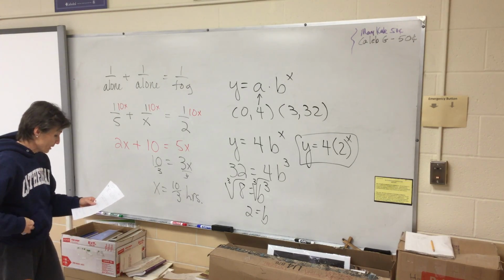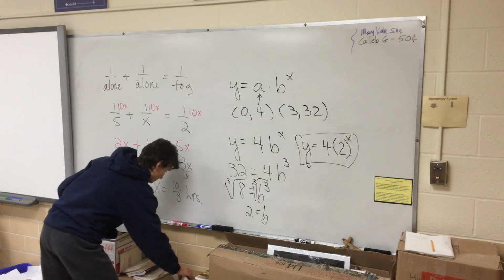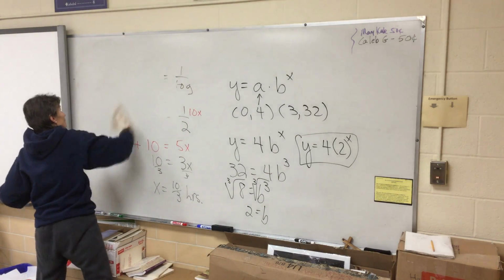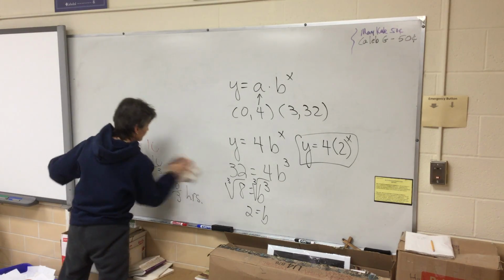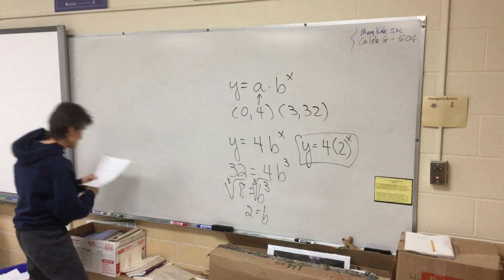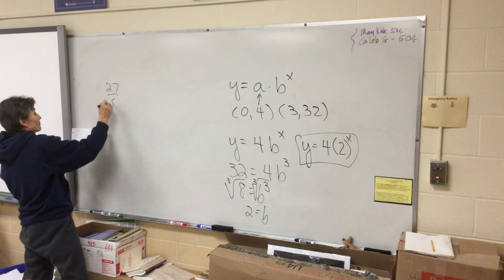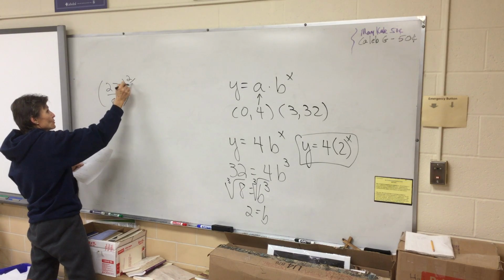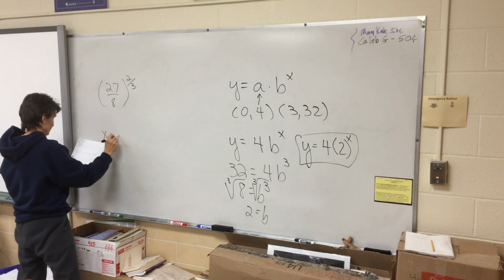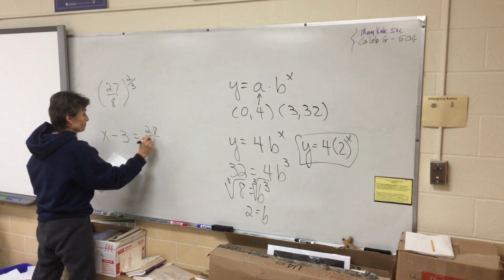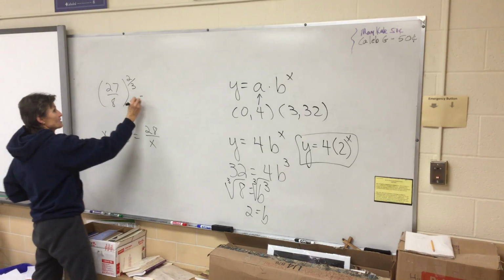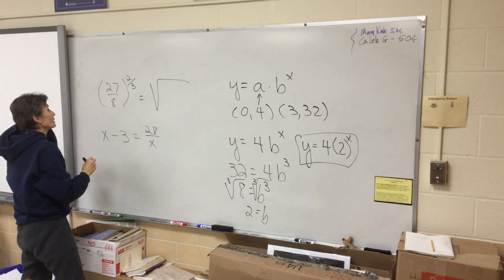Okay, now we're going to simplify a fractional expression. So 27/8 to the 2/3 power. All right, so remember, a fractional exponent is a radical.